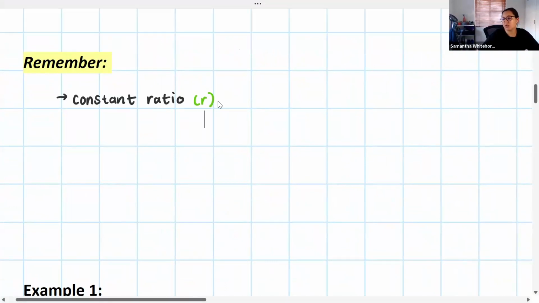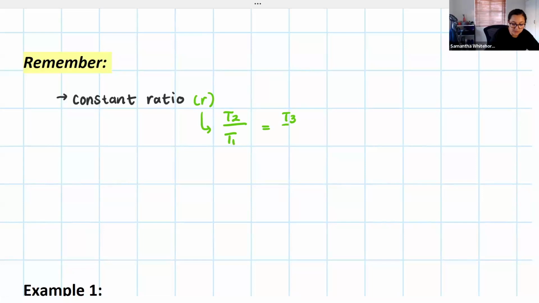In order to determine an R value, we need term 2 divided by term 1, or you could have term 3 divided by term 2, etc. As long as you've got two consecutive terms, you can find your ratio. So that's the first thing that we need to know.